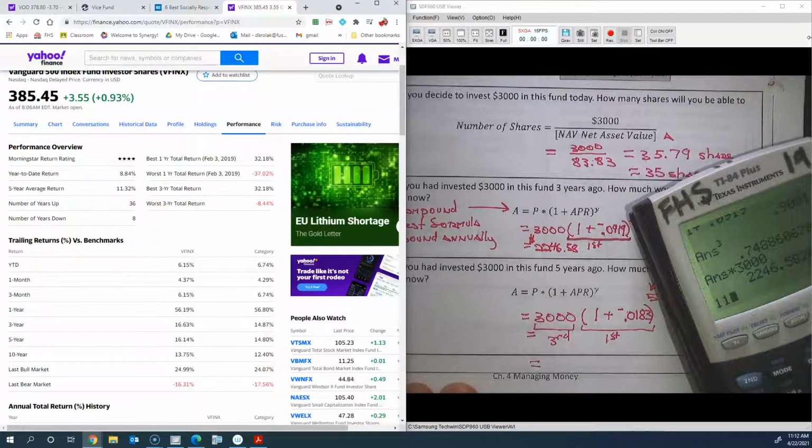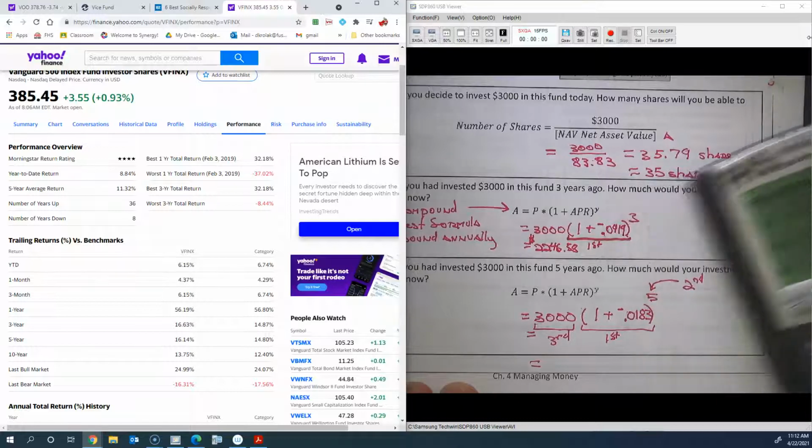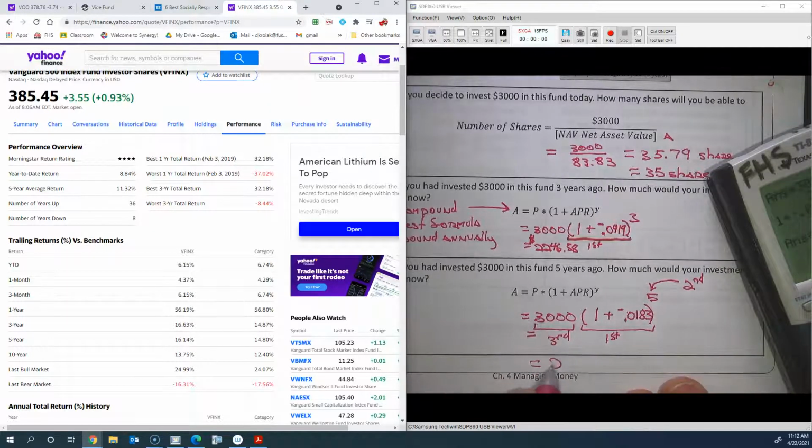Alrighty, 1 plus 0.0183, whoops, negative, times 3,000, and now my investment, it's coming back, but it's still not where it started.